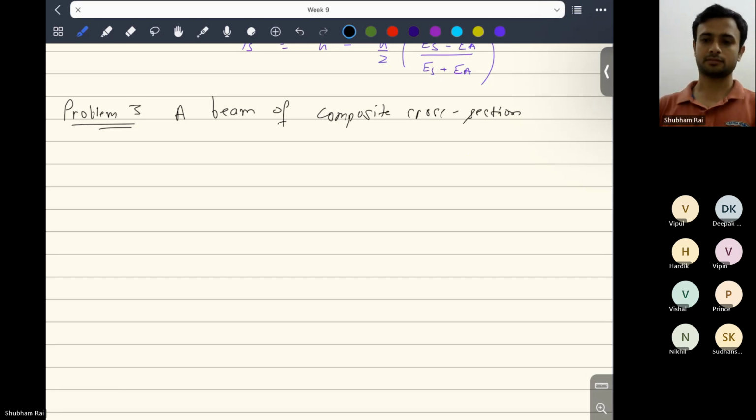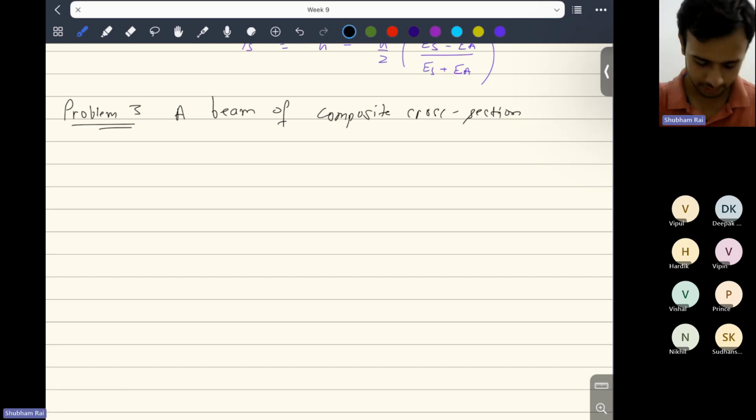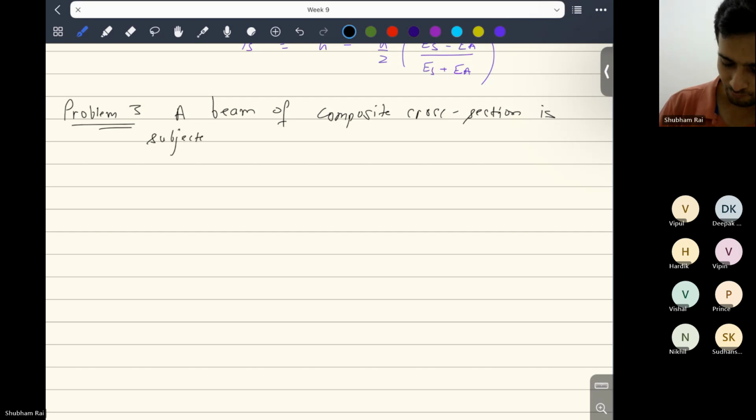This is a problem of composite cross section. So again, you have to remember longitudinal strain is going to be continuous because material interfaces are perfectly bonded to each other. The beam of composite cross section is subjected to bending moment Mz is equal to 30 kilonewton meter.